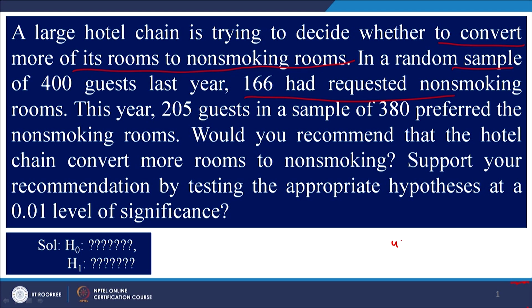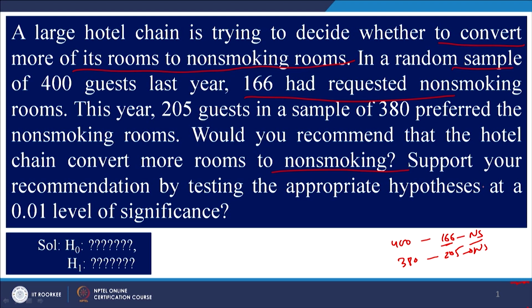This year, 205 guests in a sample of 380 preferred non-smoking rooms. What would you recommend, should the hotel chain convert more rooms to non-smoking? Support your recommendation by testing the appropriate hypothesis at the 0.01 significance level.